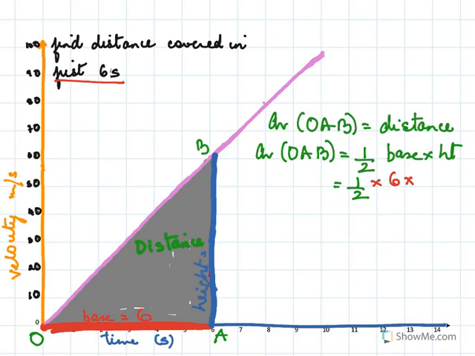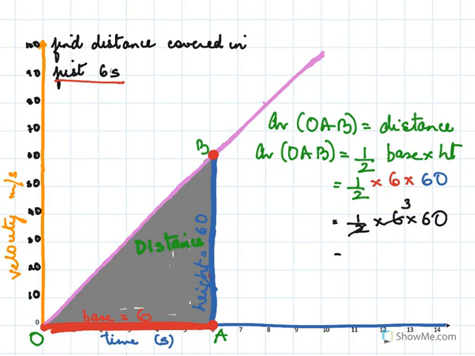And you know how much is the height? It is 60. See, from here to here, it is going to be 60. So the height is 60. So if you cancel this now, you will reduce this half 6 into 60.